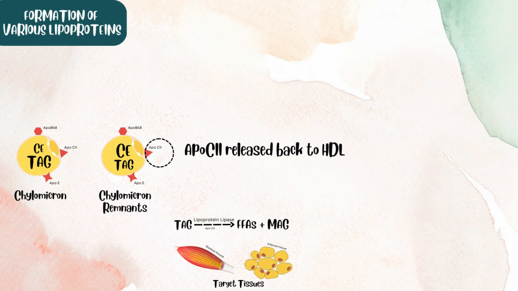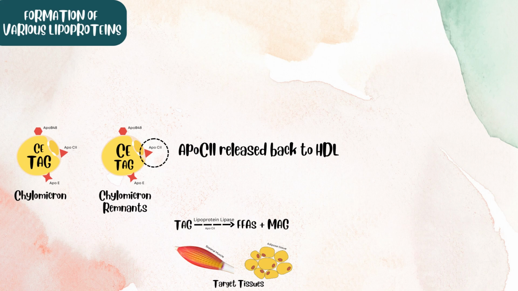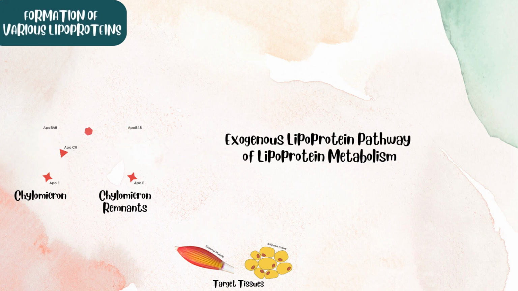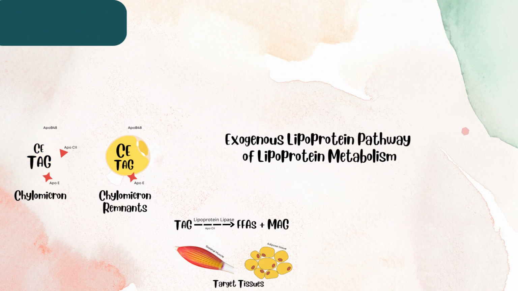Chylomicron remnants, which are formed after this step, then release the previously acquired ApoC2, which was needed for lipoprotein lipase activity, back to HDL. This concludes the exogenous lipoprotein pathway, which facilitates the transfer of dietary sources of fatty acids from the intestine to muscle and adipose tissue for both storage and metabolism.